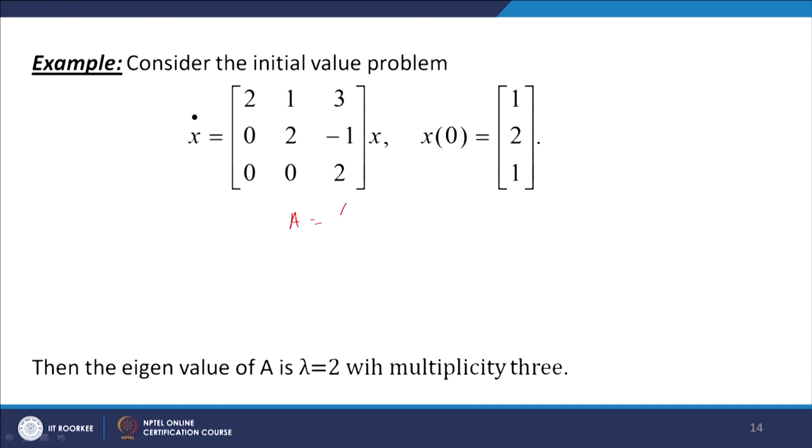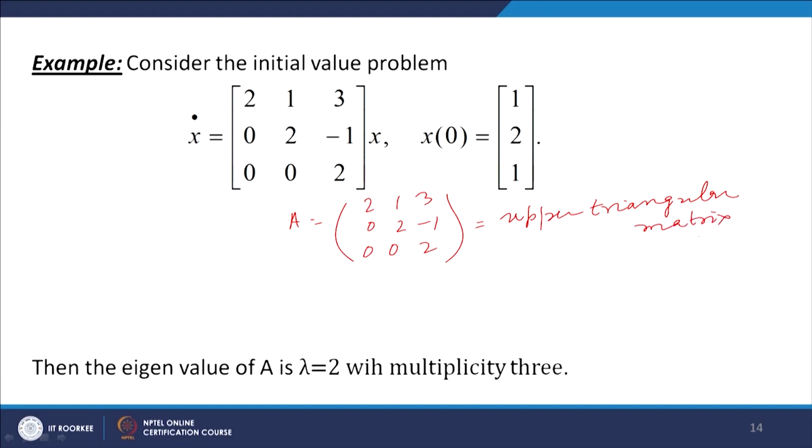A is an upper triangular matrix, so its eigenvalues are its diagonal elements, which are 2, 2, 2. That is, lambda equal to 2 occurs with multiplicity 3.